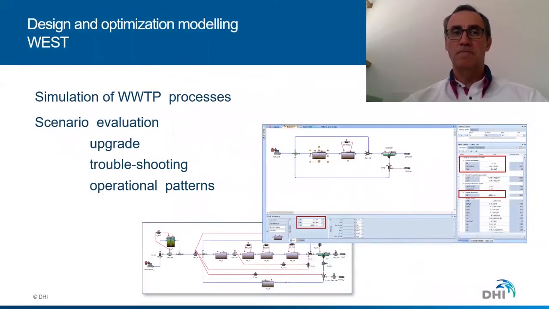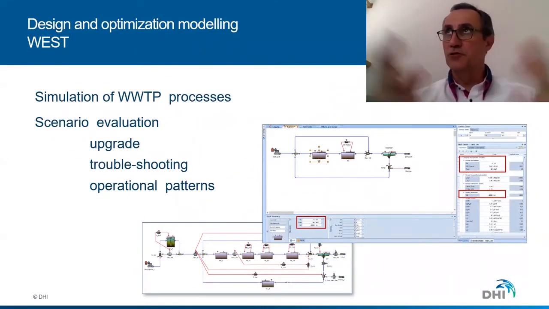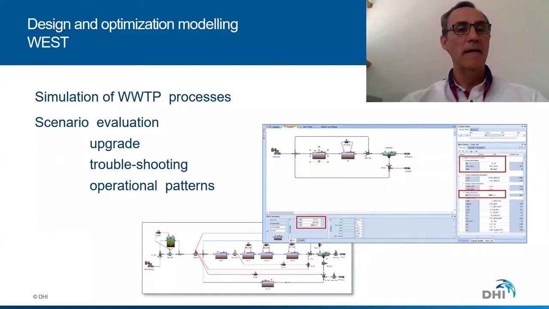When we say modeling, there are a number of tools on the market. DHI also provides our own product, West. That's the modeling and simulation package for wastewater treatment plants, not only treatment plants, I will come back to that later. And this analysis simulates the process of treatment plants.